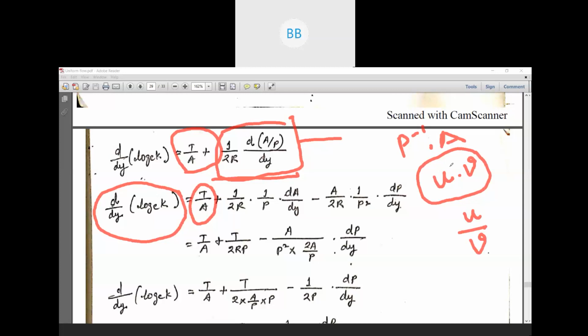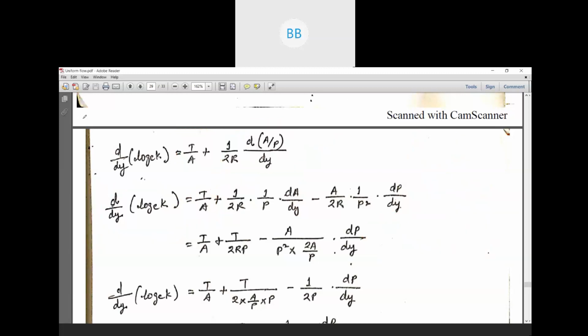So you can use u by v also, or u into v, it's up to you. If you want to use u into v, it is first into differentiation of second minus second into differentiation of first, that you all know. A simple mathematics. So apply here.